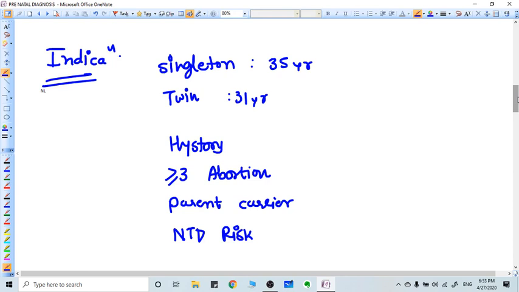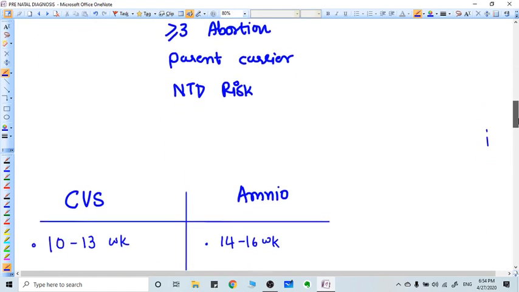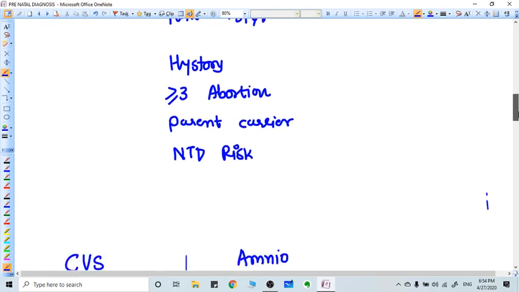But if the female has twins or other multi-fetal pregnancies, we should start screening from 31 years of age of the female partner. Also when there is a history of multiple abortions, more than 3 abortions, and one of the parents is a carrier of some disease, or there is an increased risk of neural tube defects.